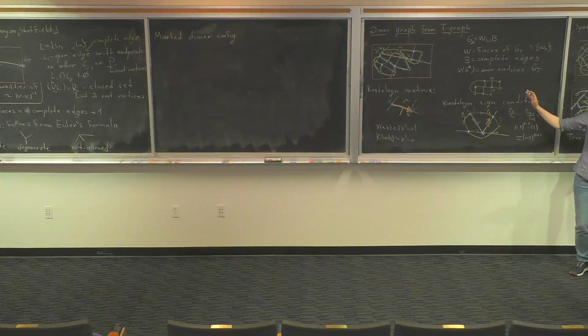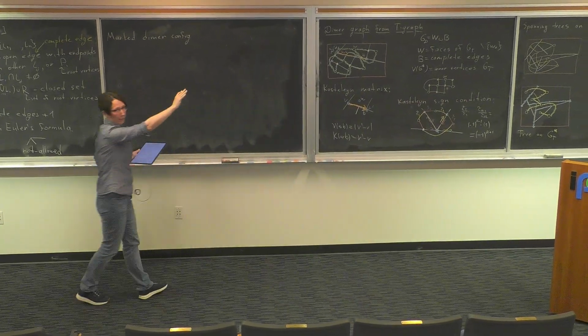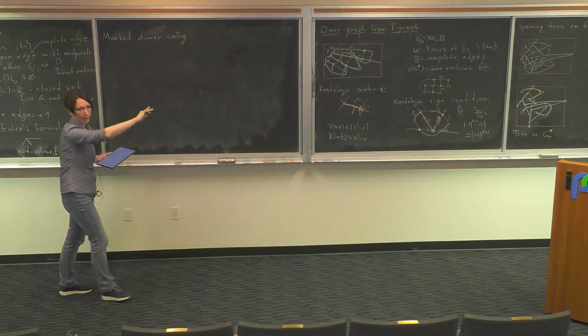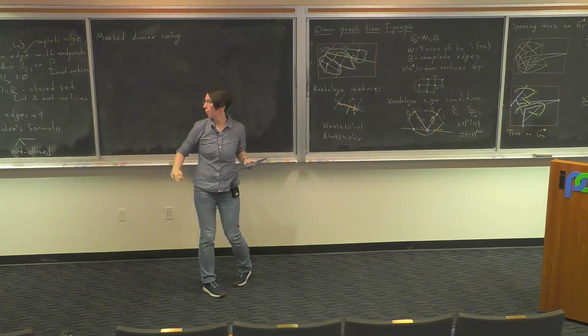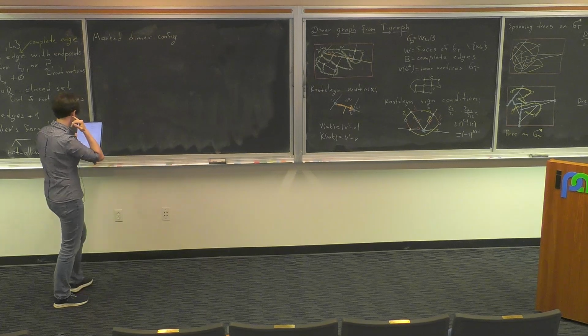So back to dimers. And what is the difference? We defined already a dimer configuration with some weights given the T graph. But now I want to define the marked version. So what is the difference?